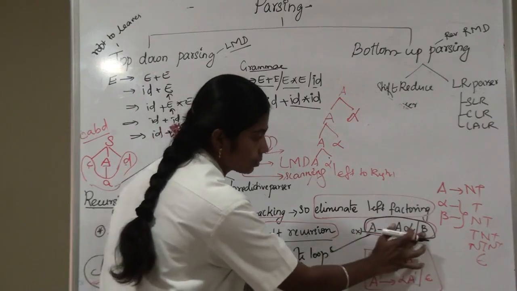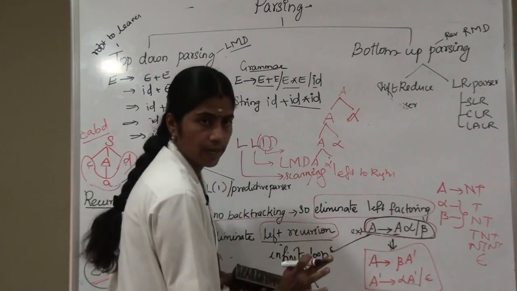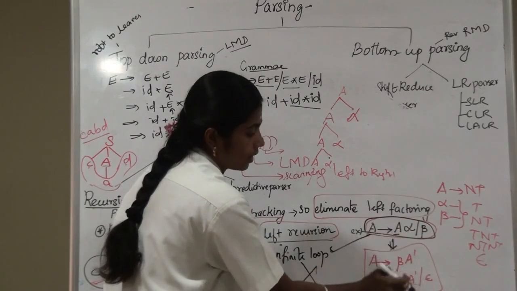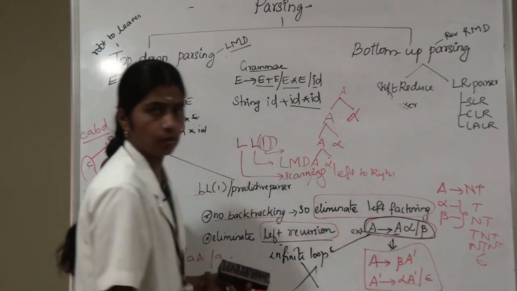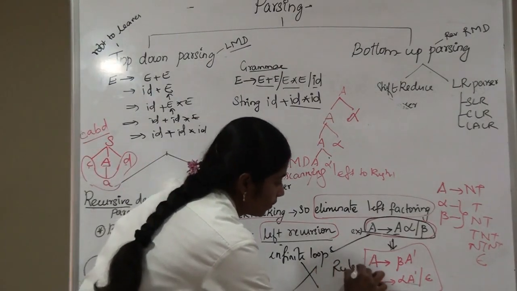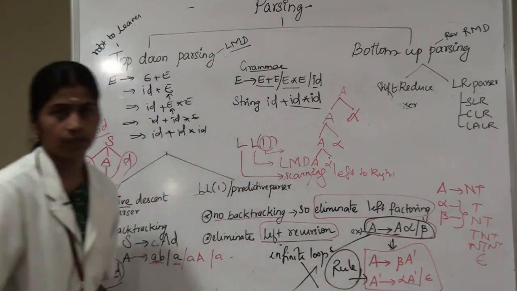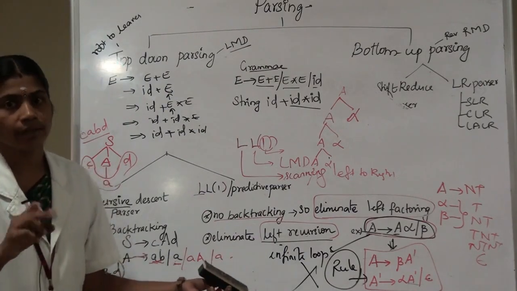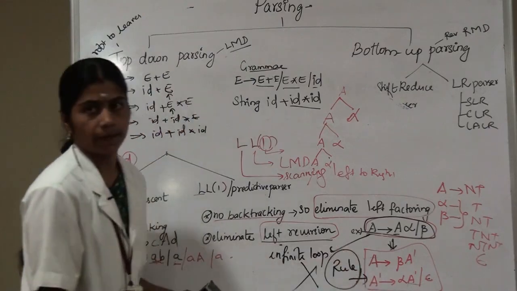A derives beta A dash, introducing a new term A dash, and A dash derives alpha A dash, followed by epsilon. So this is the rule for eliminating left recursion. Whenever a production has left recursion, it has to be transformed into this format, okay?